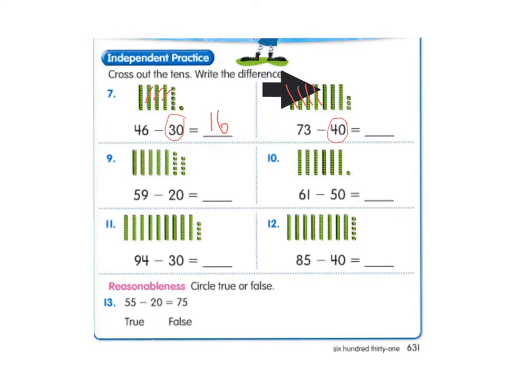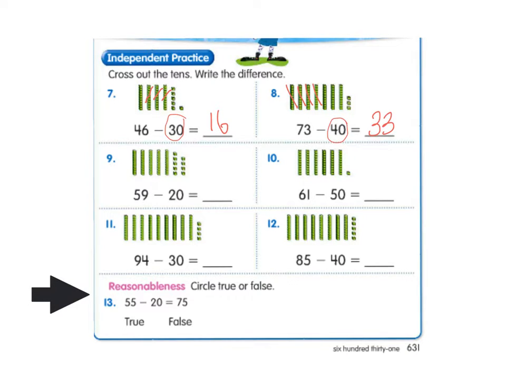What's my difference? 10, 20, 30, 31, 32, 33. So 73 minus 40 is 33. I just need to remember to cross out my 10s. And remember, we practiced one like that on Nearpod as well today. Okay, so go ahead and do 9, 10, 11, and 12 on your own.